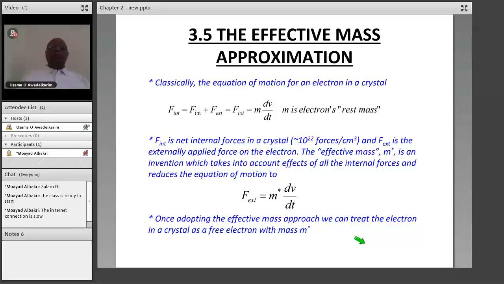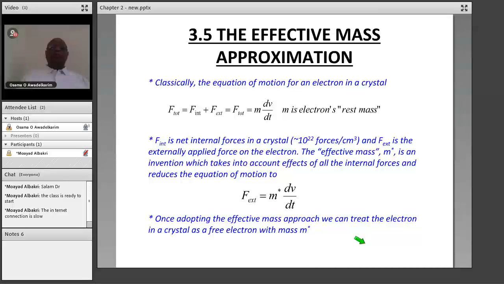Now, in reality, and in engineering, and in electrical engineering in particular, we're going to use a solid and maybe apply an electric field or potential, maybe optical excitation, maybe a magnetic field.